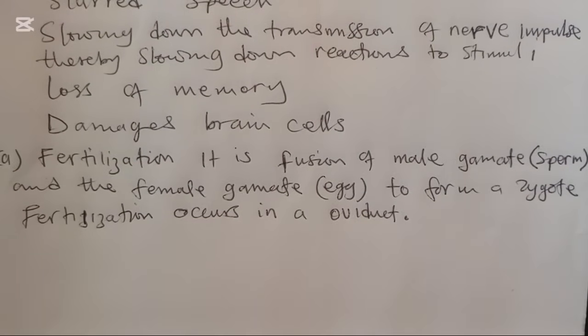The second one, it is implantation. So implantation, it occurs after fertilization, which is 6 to 12 days of fertilization. Then we have implantation. So implantation, it is a process by which a zygote moves from the fallopian tube and it is attached to the walls of the uterus.